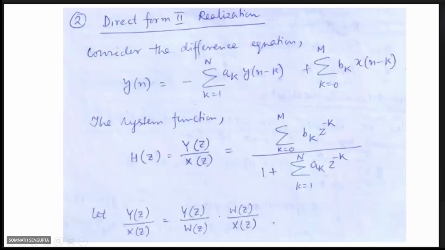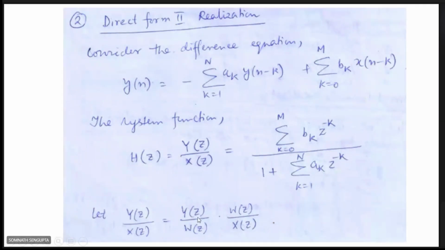Then in direct form 2, what do we do? We represent the transfer function H(z), that is Y(z) by X(z), and we split it into two parts. Okay, so we take some intermediate stage W(z).